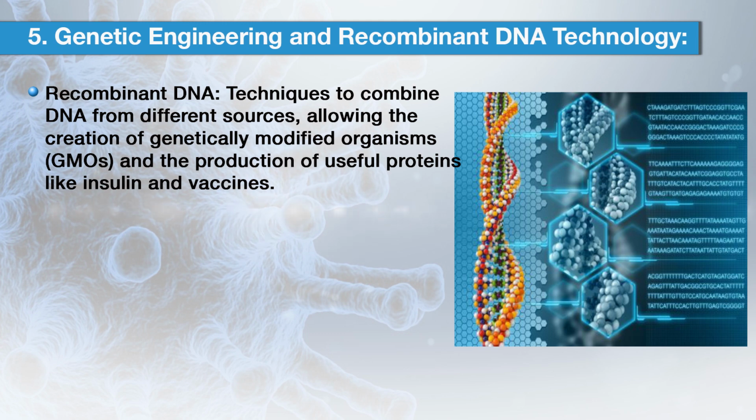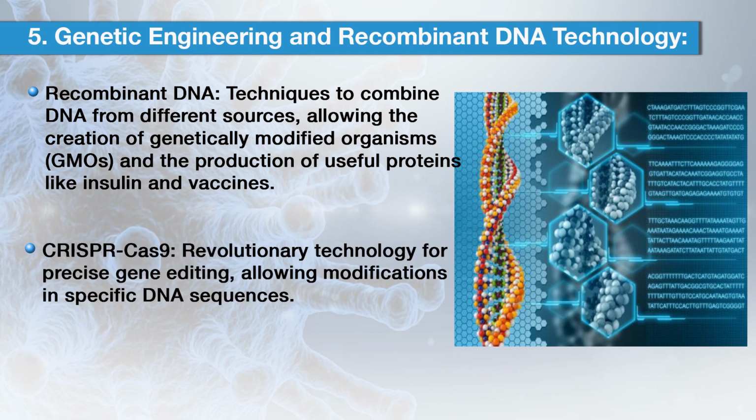Recombinant DNA is related with techniques to combine DNA from different sources, allowing the creation of genetically modified organisms, GMOs, and the production of useful proteins like insulin and vaccines. CRISPR Cas9 is a revolutionary technology for precise gene editing. It allows modifications in specific DNA sequences.